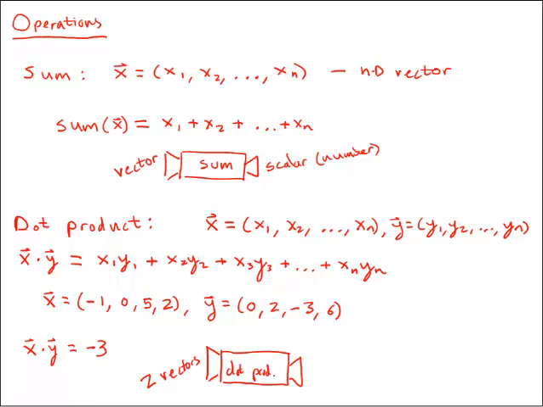Let's draw arrows on these things so they make more sense. The input to the dot product is 2 vectors, and the output is a scalar. An important thing to note is that you can take the sum and dot product regardless of the dimensionality of the vector, or vectors in the case of the dot product. This will come in handy later.